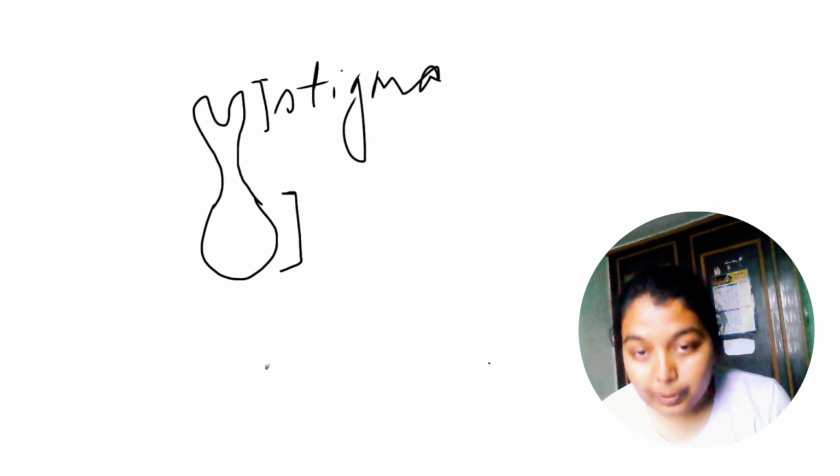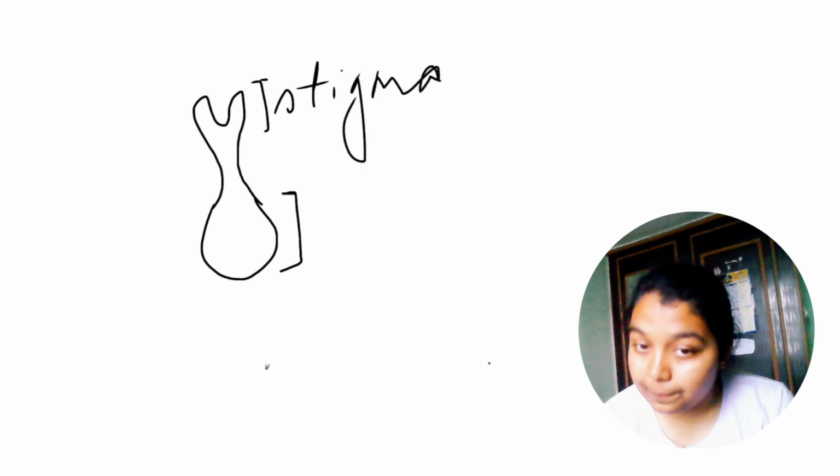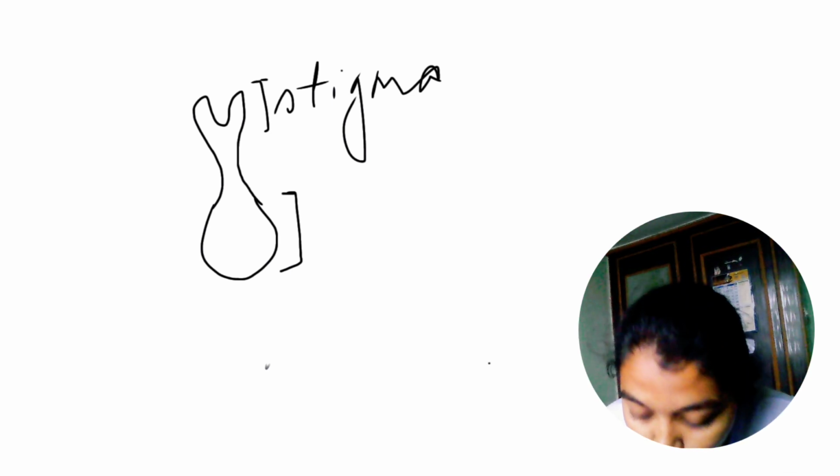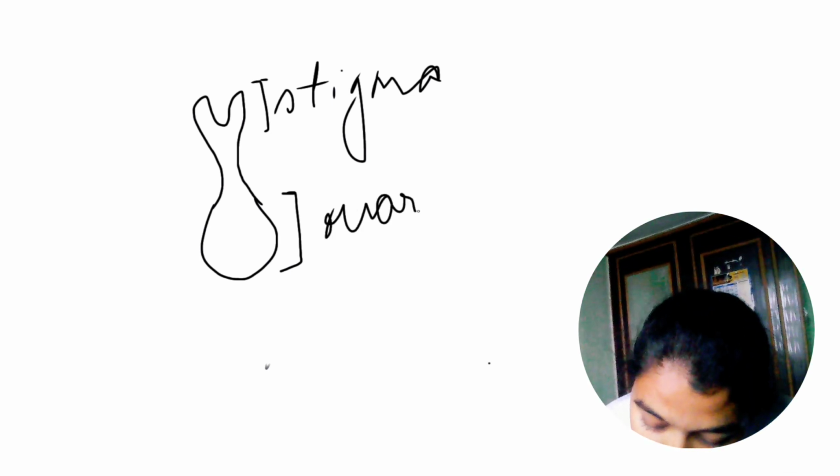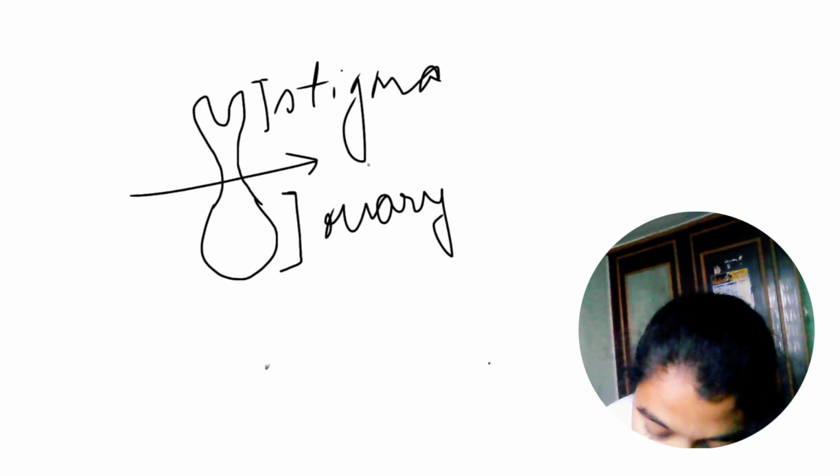In the female reproductive organ, the upper part is known as the stigma, the lower part is known as the ovary, and the middle part is known as the style.